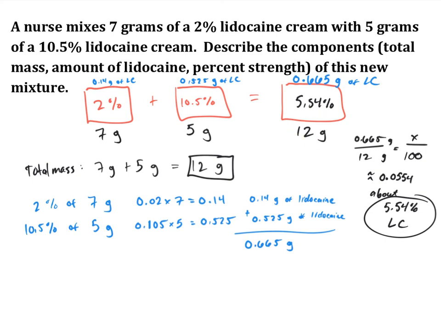And then I also wanted to consider the amount of lidocaine. So what is 2% of 7? What is 10.5% of 5? Those products give me the amount of lidocaine. So if I add those together, I know the total amount of lidocaine, and then what is that fraction out of the total mass? That's going to be the strength.